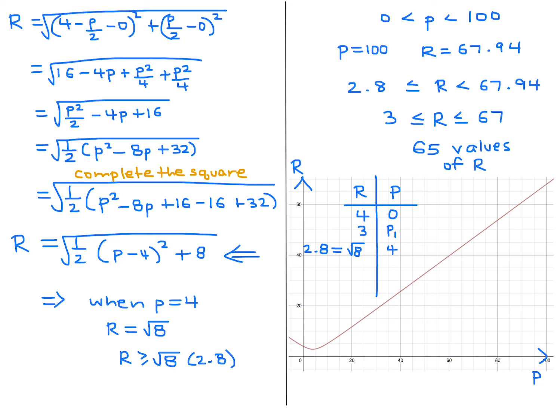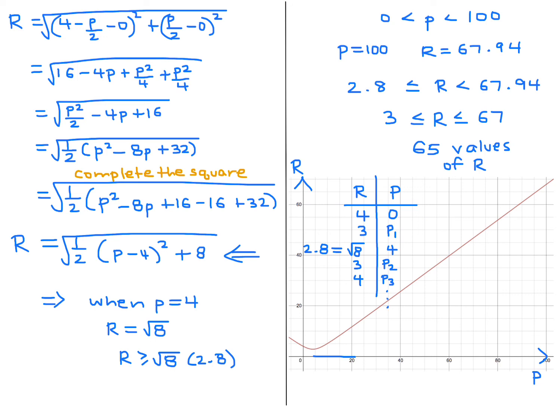But once you start going forward this way with values of P, the values of R start climbing back up again. So whatever it is, some value of P will give me 3, and then some value of P will give me 4, and then so on and so forth, dot, dot, dot.